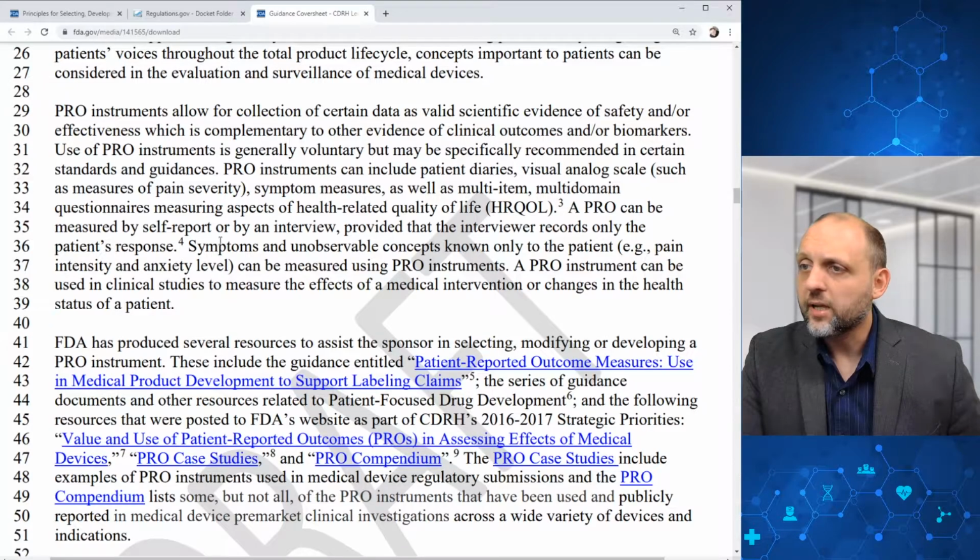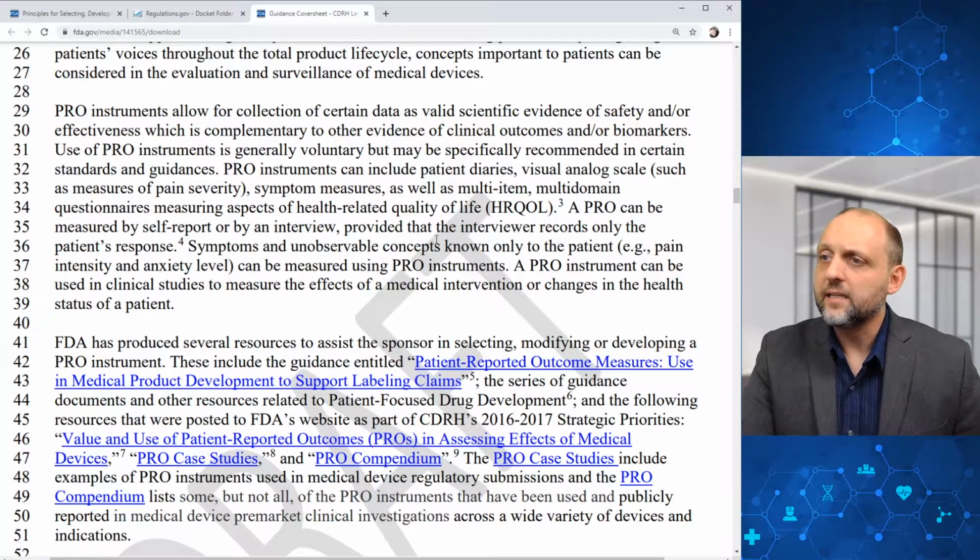A PRO can be measured by self-report or by an interview, provided that the interviewer records only the patient's response. Symptoms and unobservable concepts known only to the patient, such as pain intensity and anxiety level, can be measured using PRO instruments. A PRO instrument can be used in clinical studies to measure the effects of a medical intervention or changes in the health status of a patient.